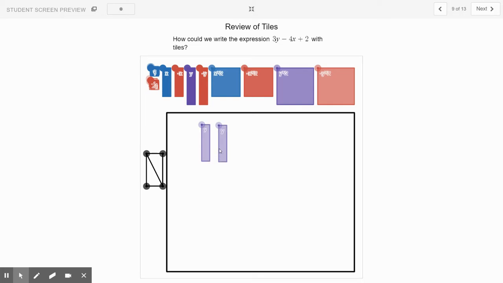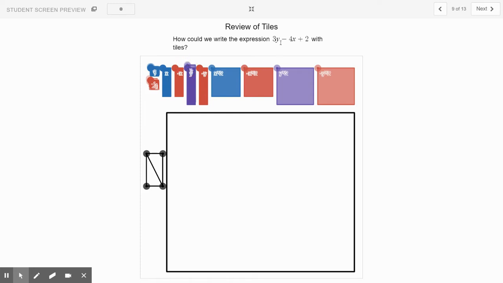And this tile is used to represent that unknown value of y. So we have 2 unknown values, and these tiles physically represent that we have 2 of this y variable.